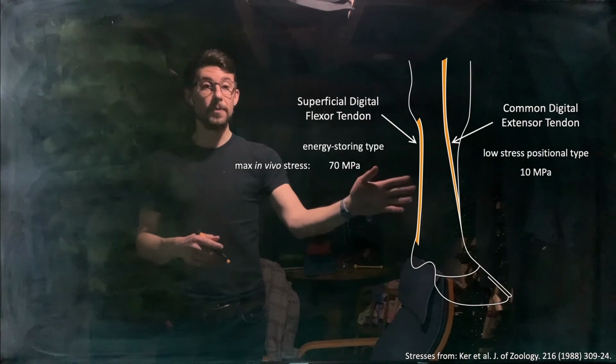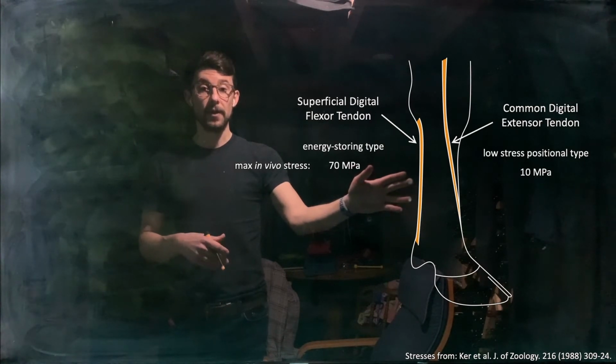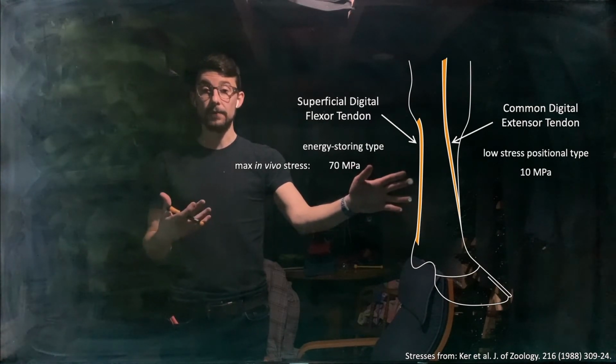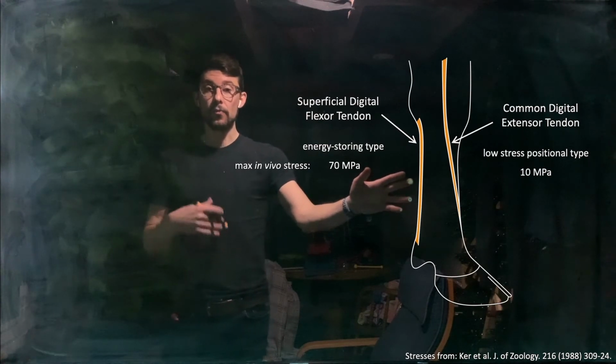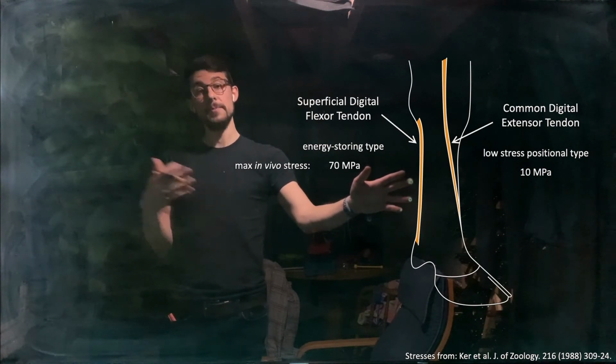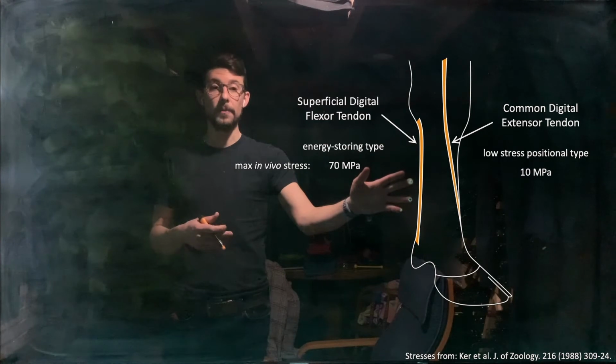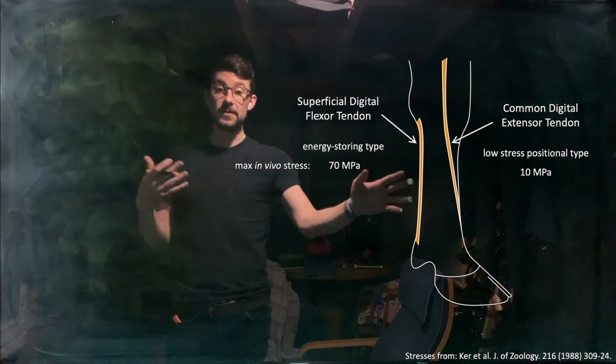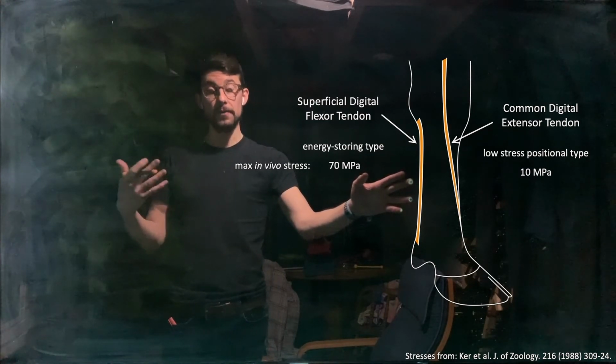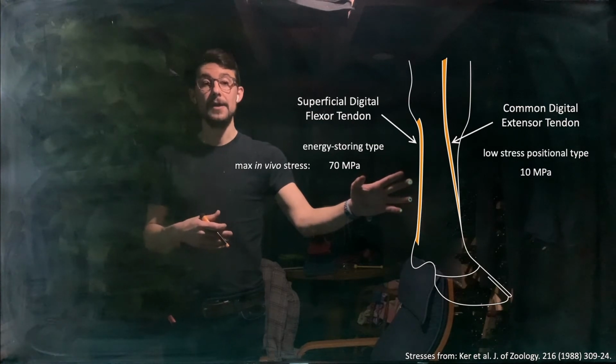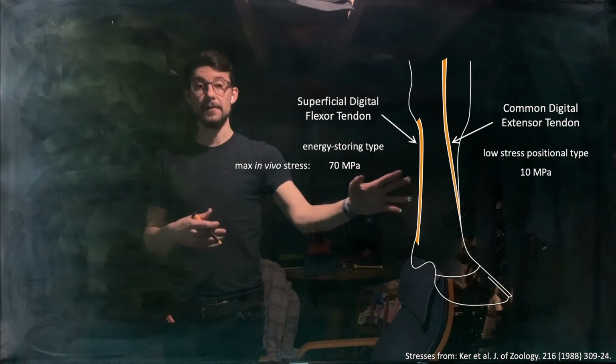There's the superficial digital flexor tendon on the back of the forelimb that really helps power locomotion, much more so in a horse than a cow, but the stress is still quite high, or supposed to be quite high, from the analysis that's done from cow forelimbs.